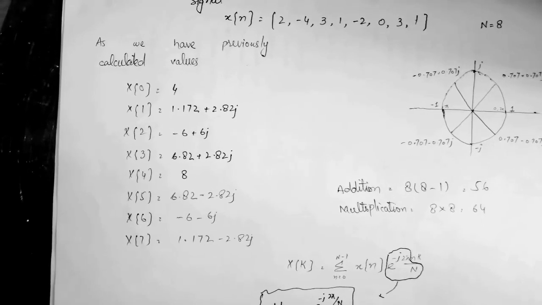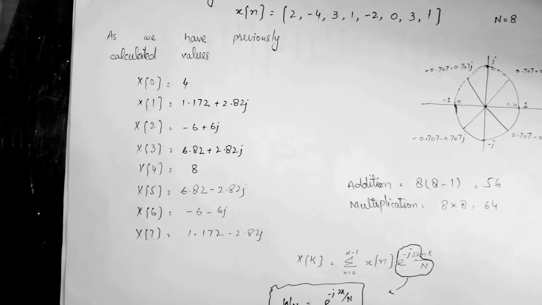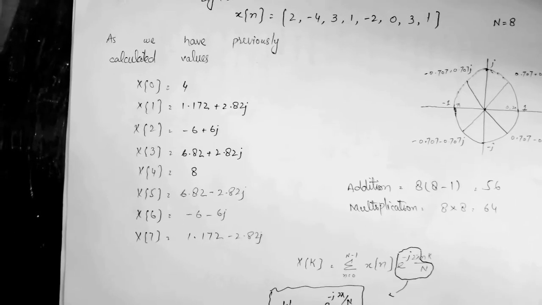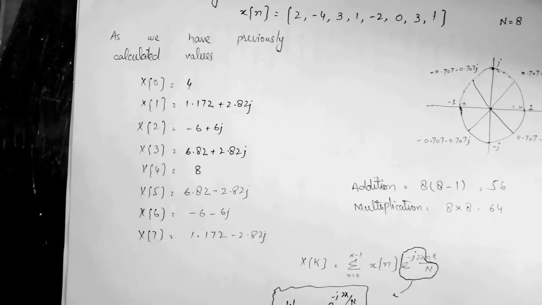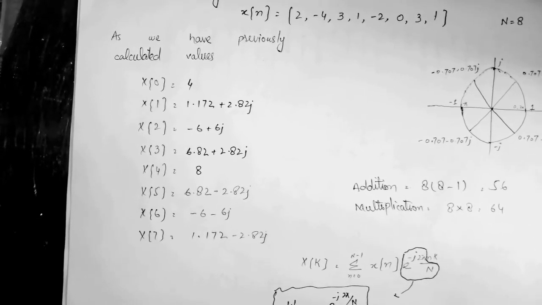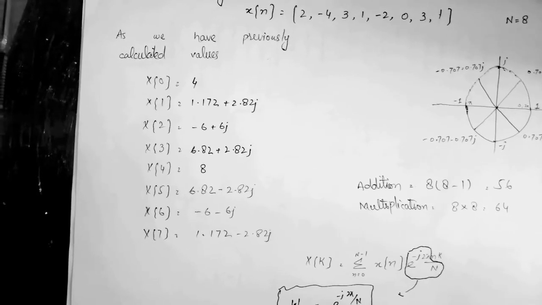In fast Fourier transform, we separate out the data on the basis of even and odd numbers. 2, 3, minus 2 and 3 will be made as separate data, and odd numbers will be made as separate data.